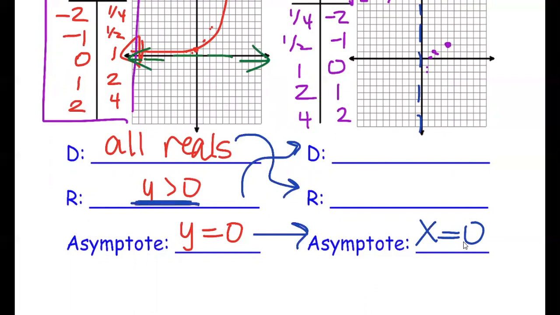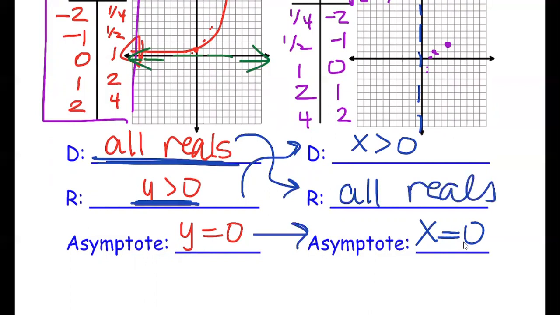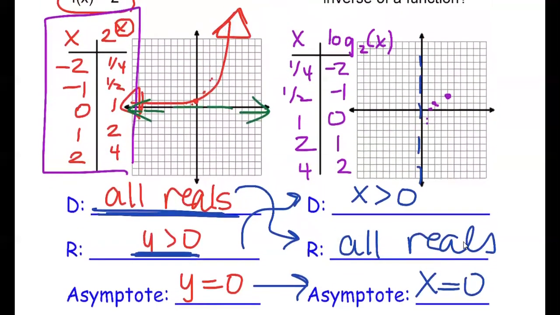We had a range for the exponential function of y is greater than 0, so it will switch to x is greater than 0 for the inverse. The domain for the original function was all reals, so the range for the inverse will be the same, which is all reals. And if we go ahead and plot this graph, we go along this asymptote and through those points, okay?